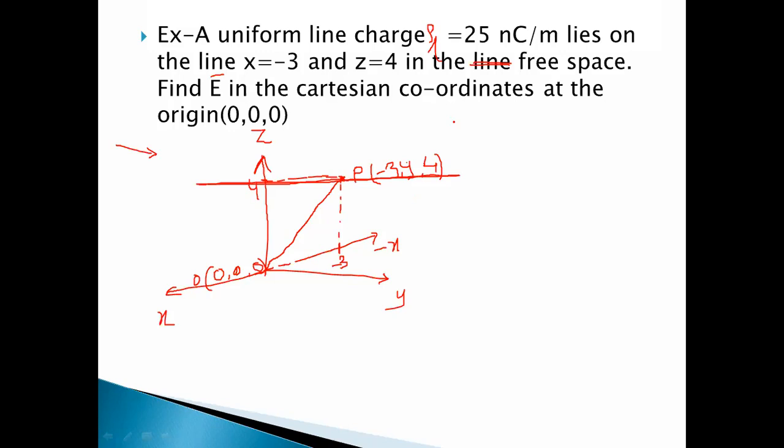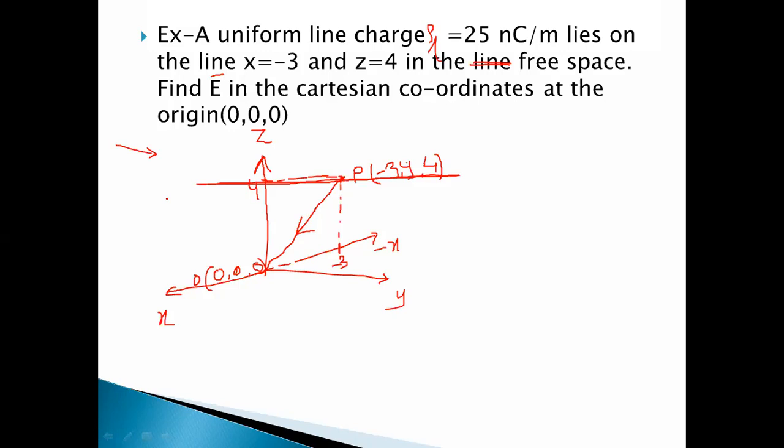Here we have to find the electric field intensity. Where do we find the electric field intensity? At the origin. Origin means direction should be towards the origin. The arrow should be at the point where we have to find it. So we are finding E bar at origin here.